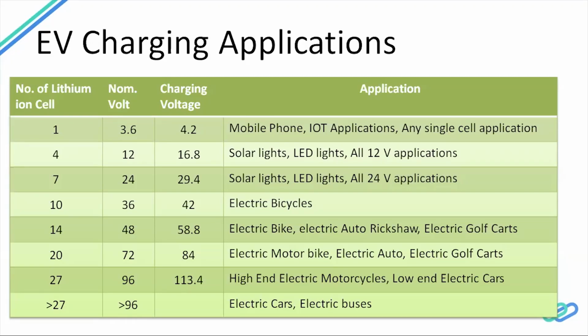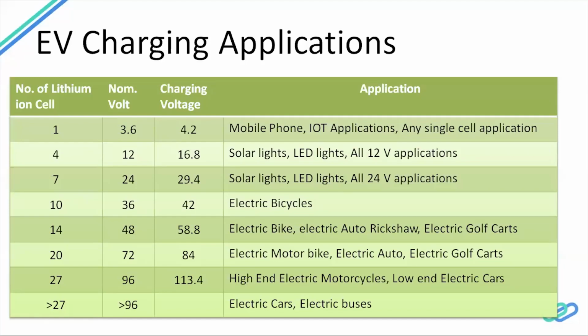So for all the portable applications which take 24 volts, maybe power tools and other applications, you have to make sure that you use seven cells, and the charging voltage would be 29.4 volts.